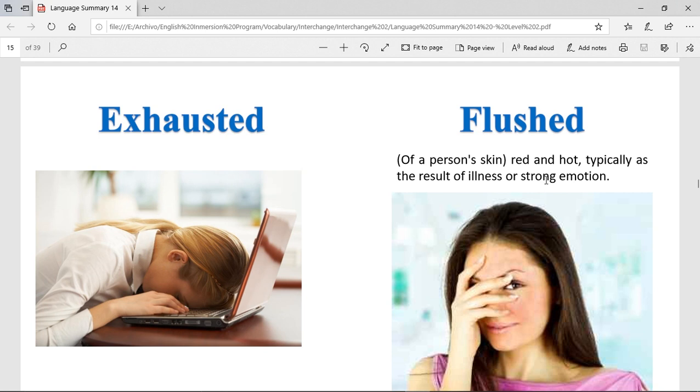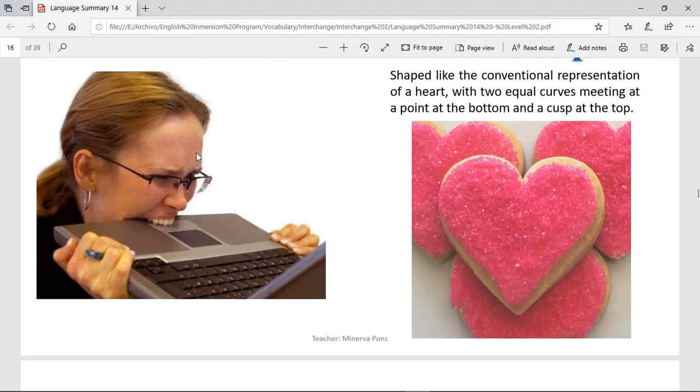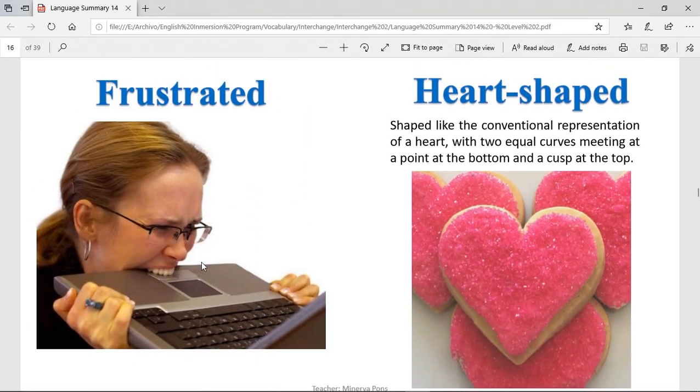Or if you're having a strong emotion, then your face also comes red, and it's called flushed. Frustrated. This girl really is frustrated. Oh my god. When you're trying to do something and you try again and again and again and it doesn't work, then you feel frustrated.